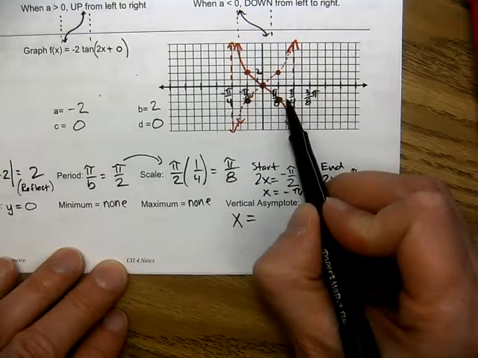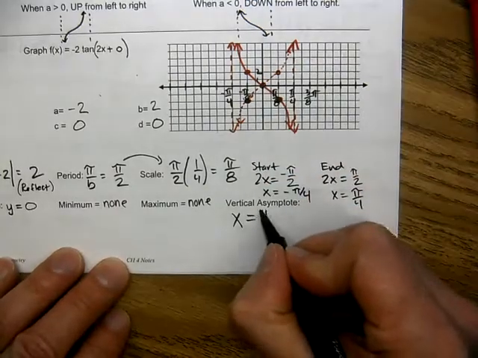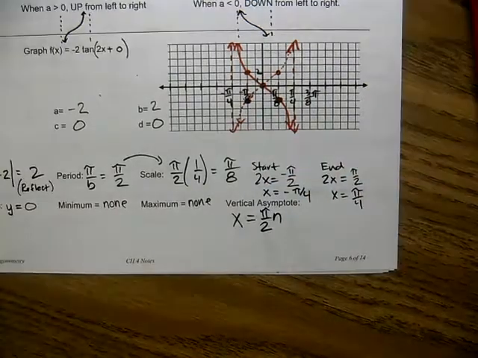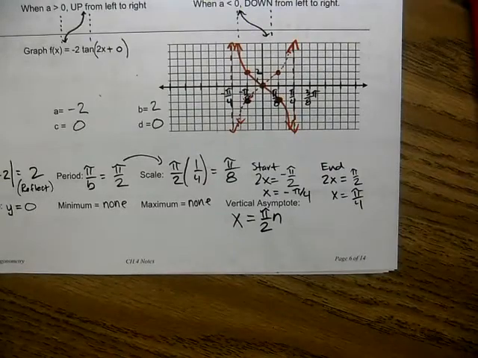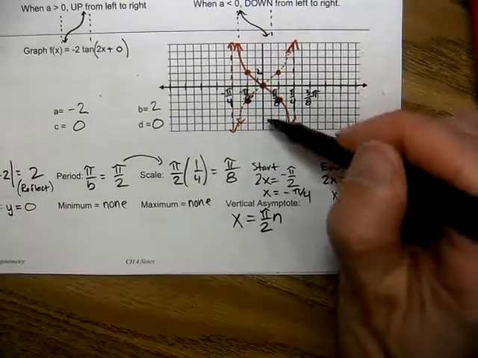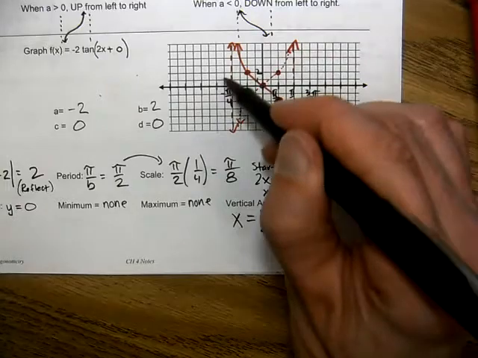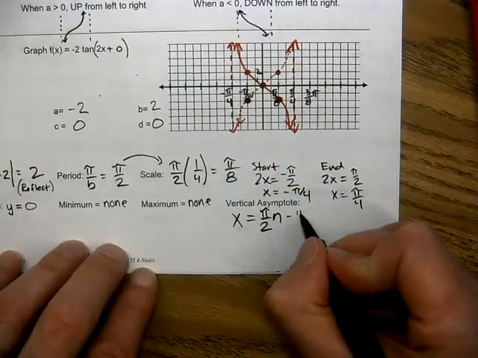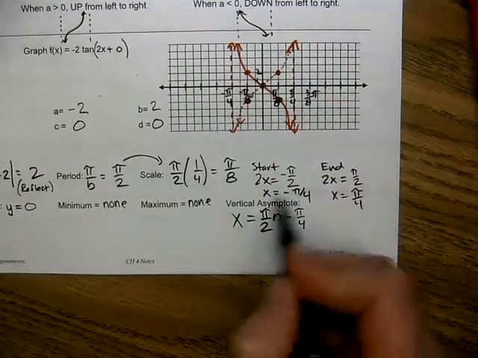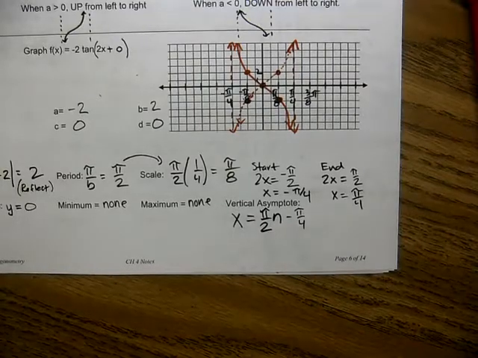So 2/4 pi is pi over 2. So pi over 2 times n to show that it recurs. But it doesn't start at 0, it starts here, so we tack on this minus pi over 4. So that's an equation that would help us calculate every placement of the vertical asymptote.